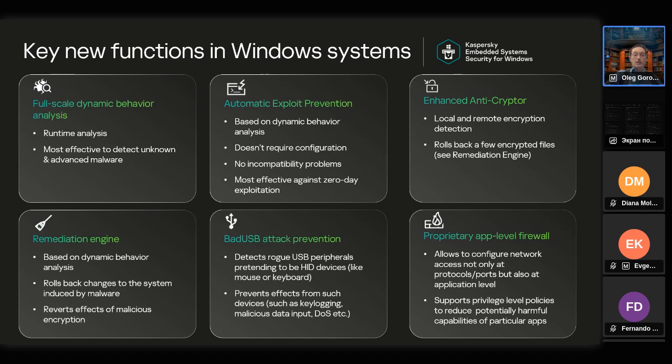Another useful thing here, so we used to have only firewall management. So for Windows in particular, we now have our own firewall, which is an application level firewall. We're not only trying to restrict connectivity on the level of protocols and ports, but we can rule what a particular application can do on the network, which allows us to considerably lower the risk of a successful attack, because it supports the trust level system.